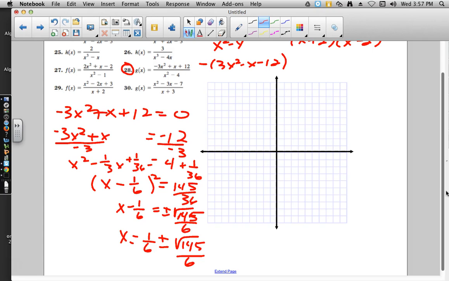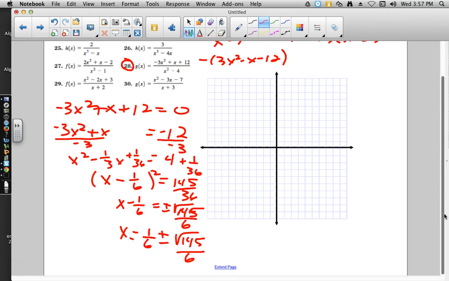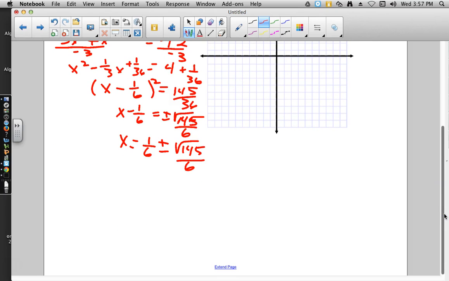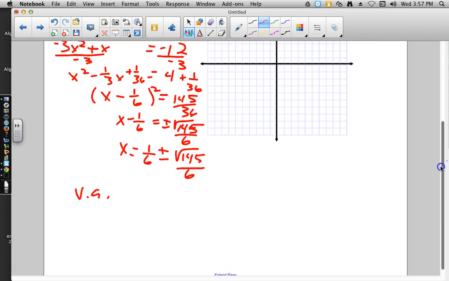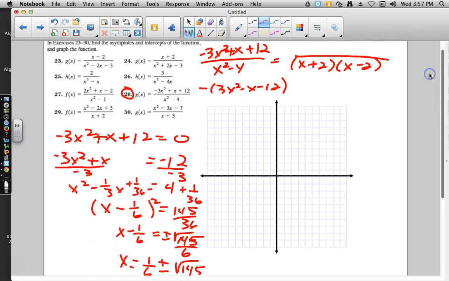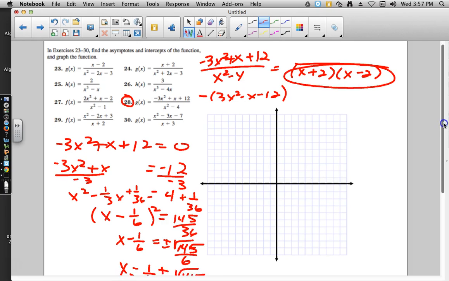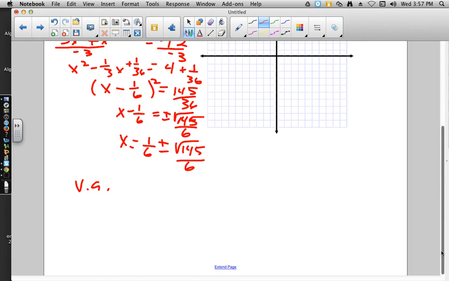All right, so now let's go back, find the things they wanted us to use here, and that would be vertical asymptotes. Well, factoring the denominator was not a problem. Factoring our denominator here was x plus 2 and x minus 2. So that means x equals 2 and x equals negative 2 become our vertical asymptotes.